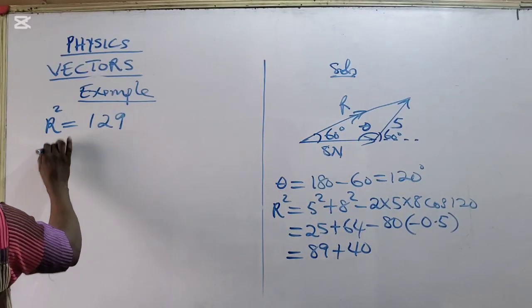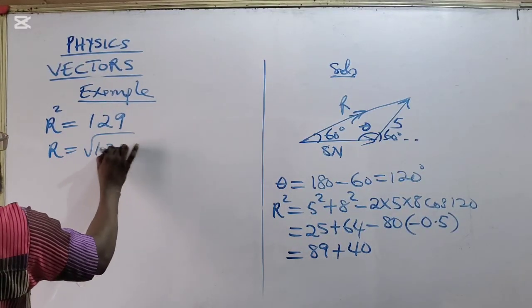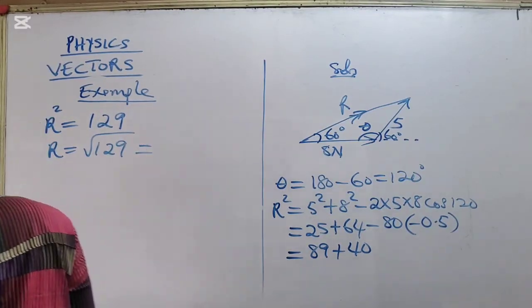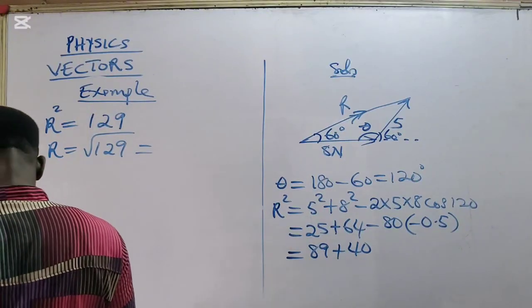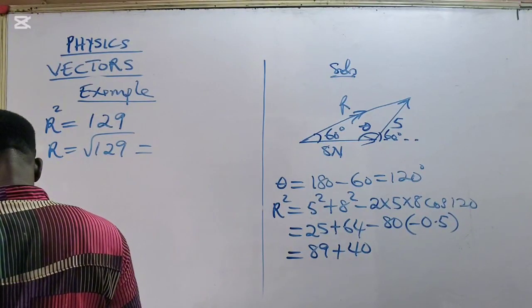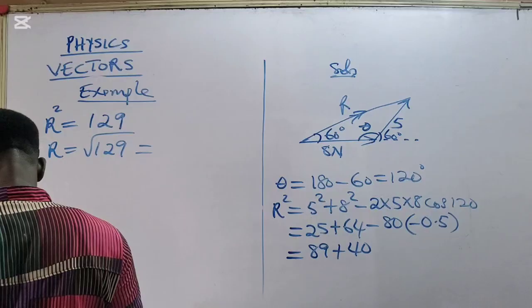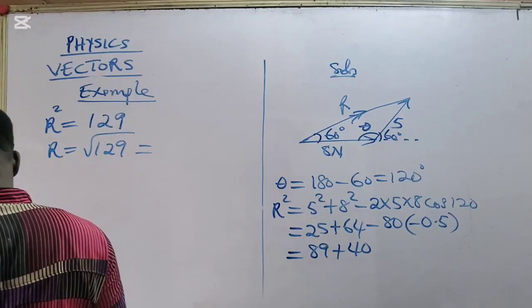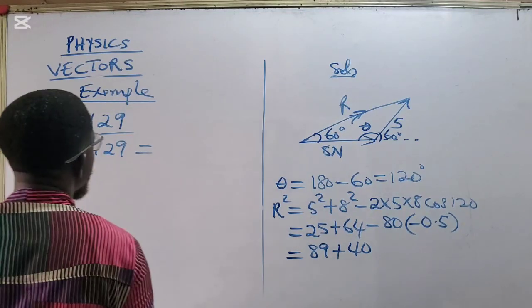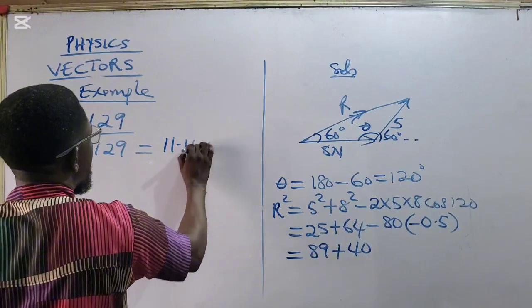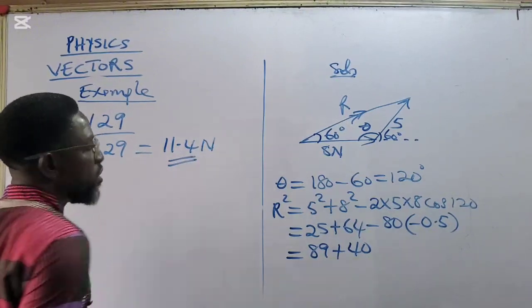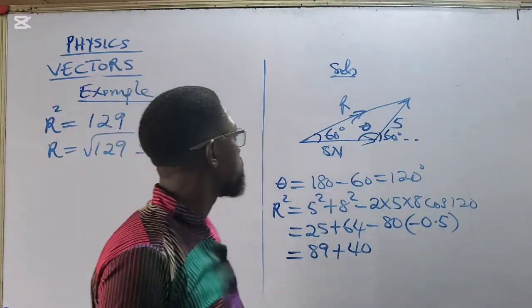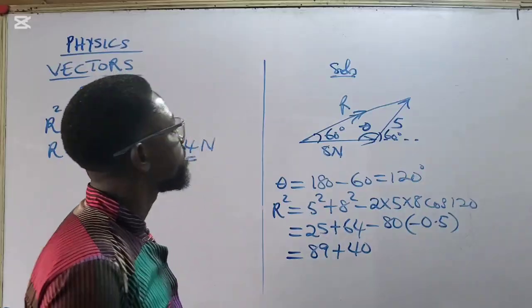So R will be the square root of 129. When you find the square root of 129, you get 11.36 newtons.